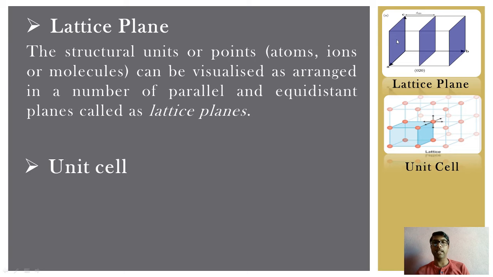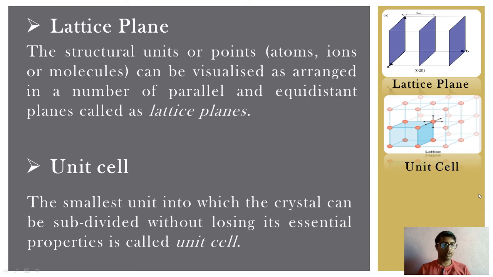These planes are called as a lattice plane. The next term is the unit cell. It is a smaller unit in which the crystal can be subdivided without losing its essential properties, is called as a unit cell.